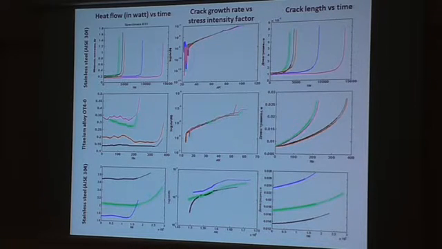But originally we expected that on this part the crack is stable and doesn't propagate. But if we take the function which describes the crack length versus number of cycles, we can see that this part corresponds to the slow crack propagation, but in the Paris region.